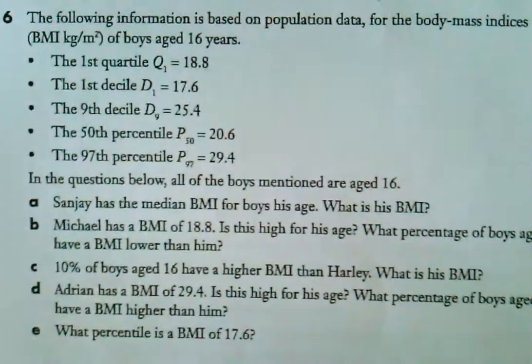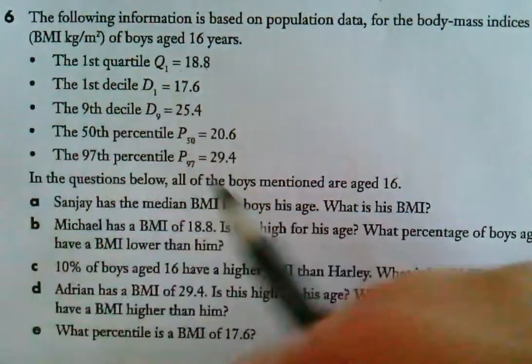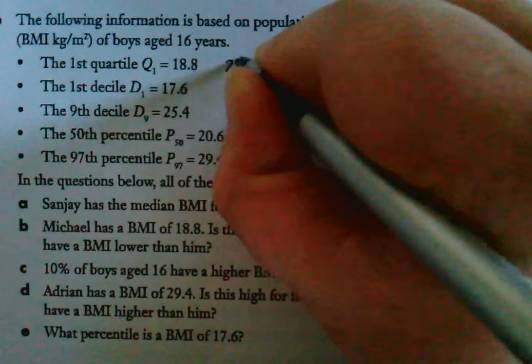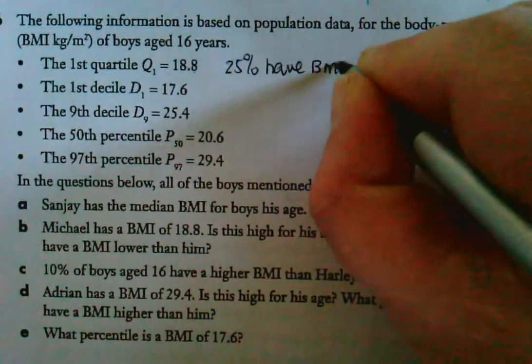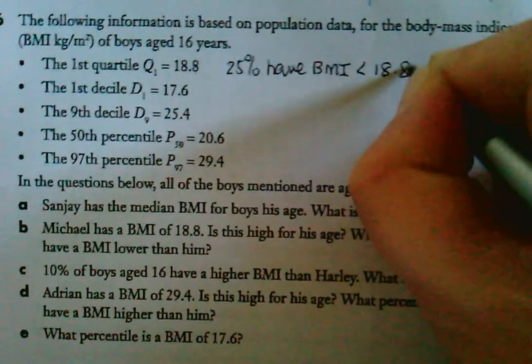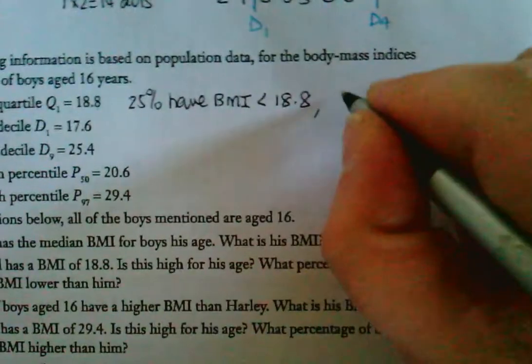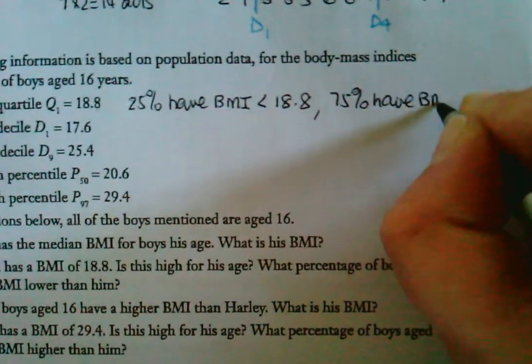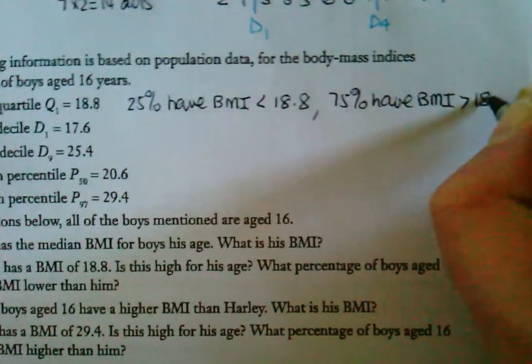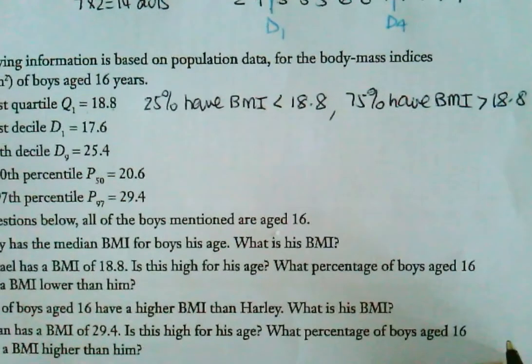All right, if the first decile is 17.6, 10% of boys have a BMI less than. Do you want me to write this down? So this means 25% have BMI less than 18.8, 75% have BMI greater than 18.8. I'll just write it out for the first few.